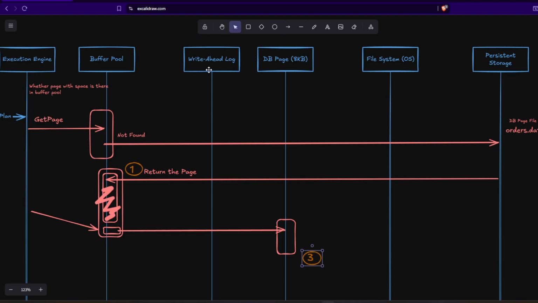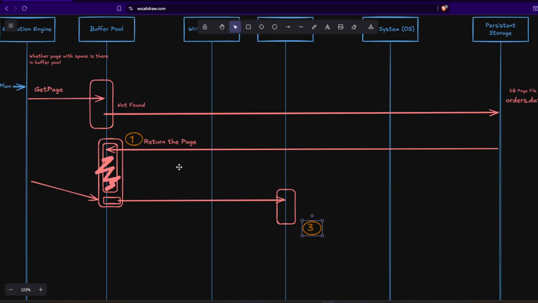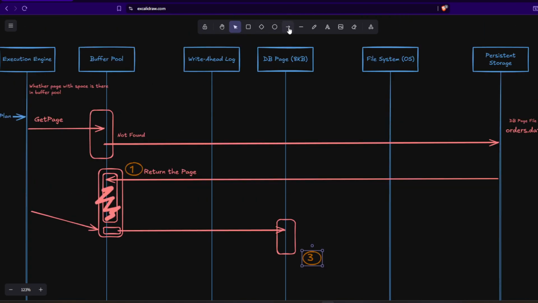In step number two, the database execution engine writes the possible transaction details to the write ahead log, or the WAL.